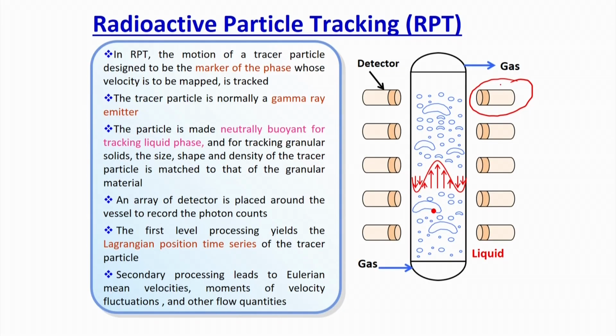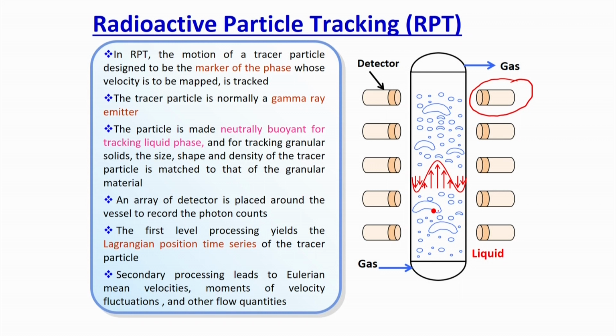Now, during its path, the gamma ray source emits photons or gamma rays, depending on its strength. We know that strength, and if I know the strength, I know that this much gamma emission it will do per second. Now, we place some scintillation detectors, and we will discuss the functioning of the detector later on, but these are specialized detectors to absorb the photon counts emitted by the source.